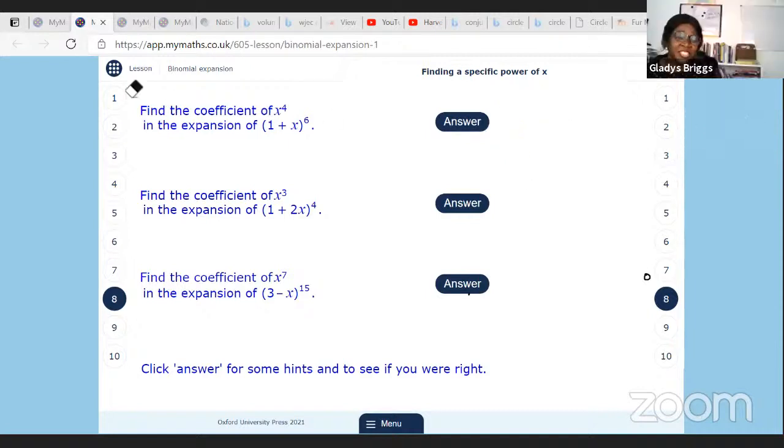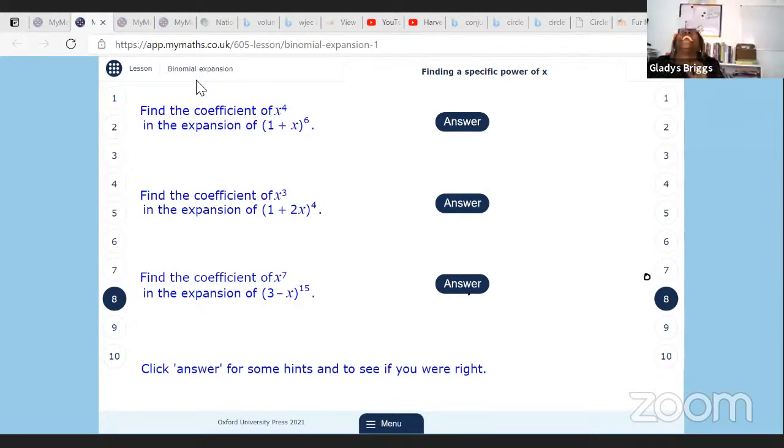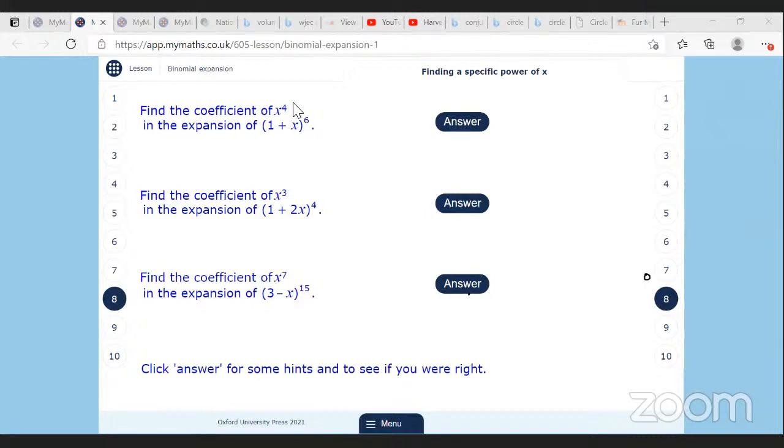So are you going to teach the class in Arabic? Explain to them what you did in Arabic. Can you? Actually, I did it my own way and I can't explain. You did it in the expanded way. You expanded the whole thing out. No, I just found the 15 choose 7 and jumped to 3 to the power of 8.